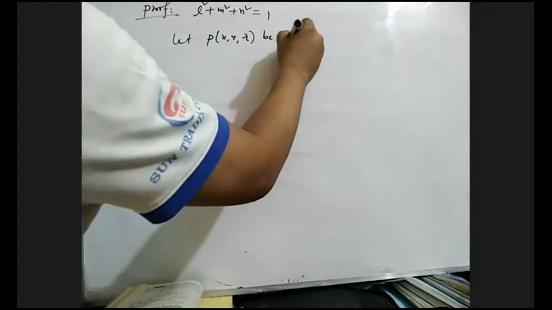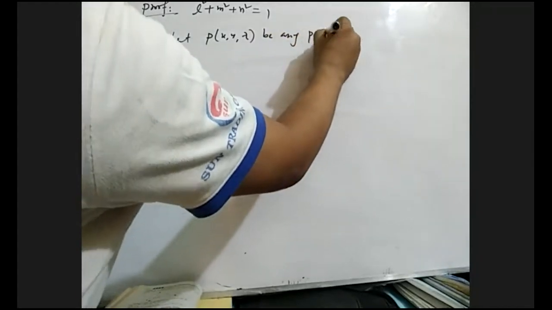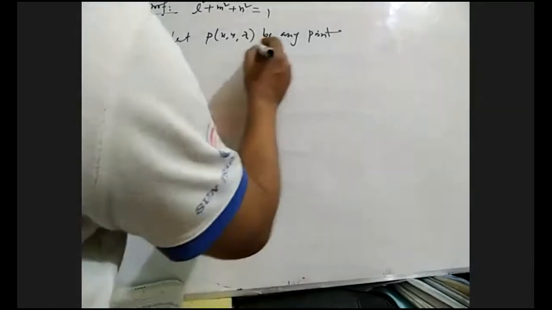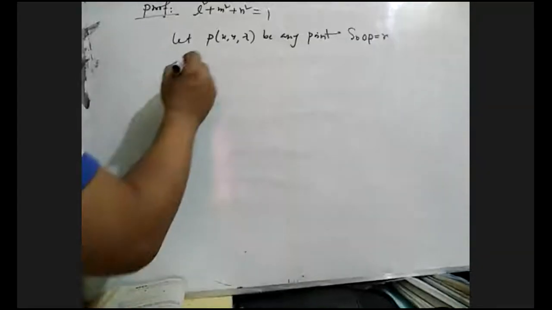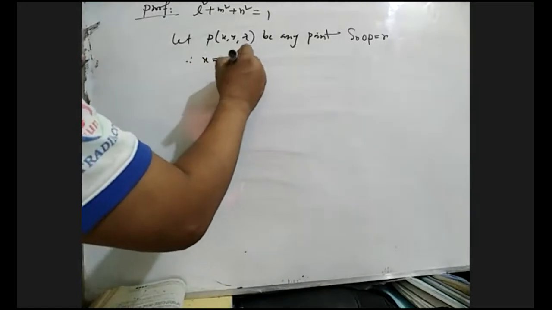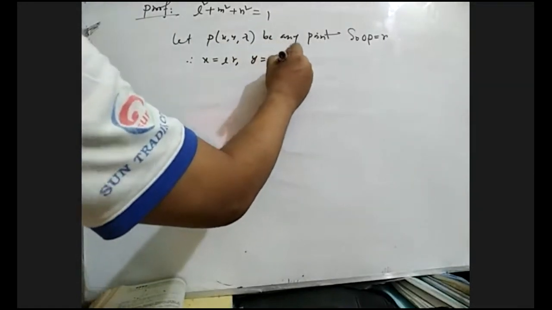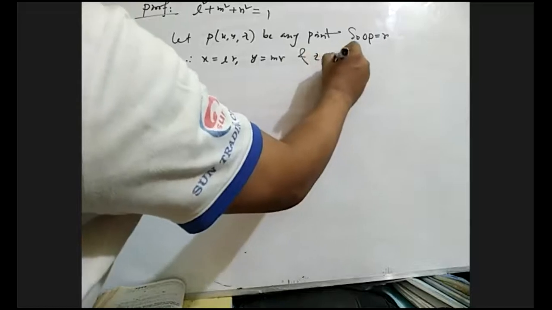From the previous figure, let P(x, y, z) be any point. OP equals r. Therefore x equals lr, y equals mr, and z equals nr. We already proved it.